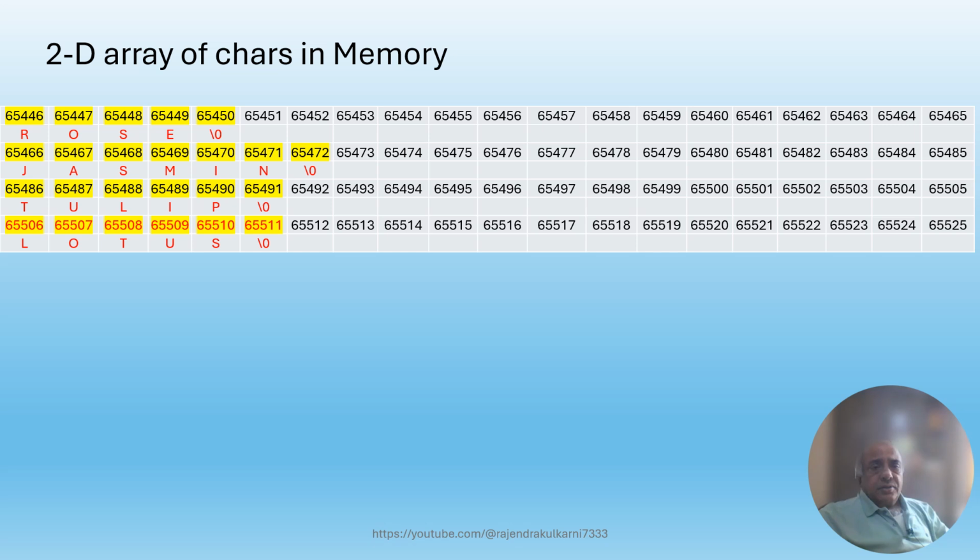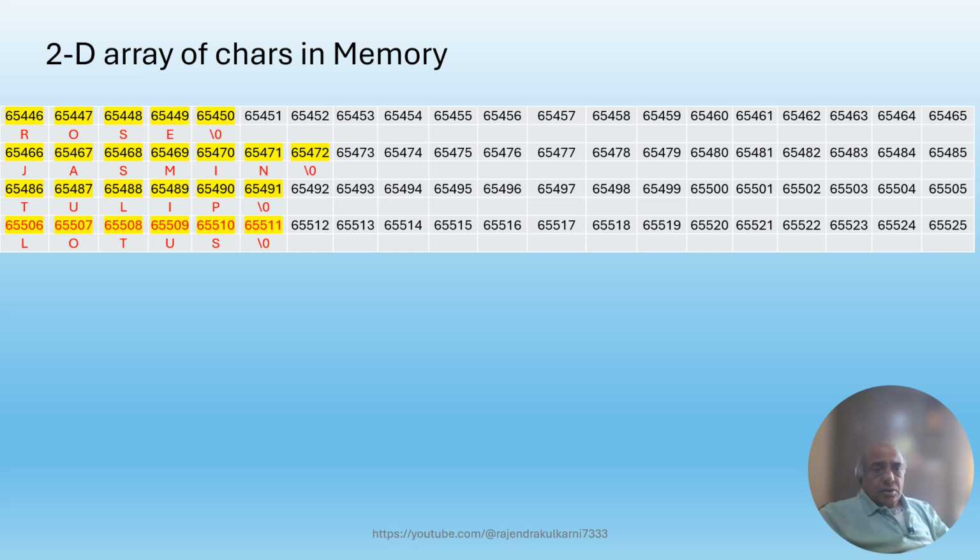These 20 bytes are allotted to the first element or the 0th element of the 2D array of strings, which is rose in our case. So rose and then \0 being the string terminator are stored in 5 memory locations, and the balance 15 memory locations are blank, they are not used.